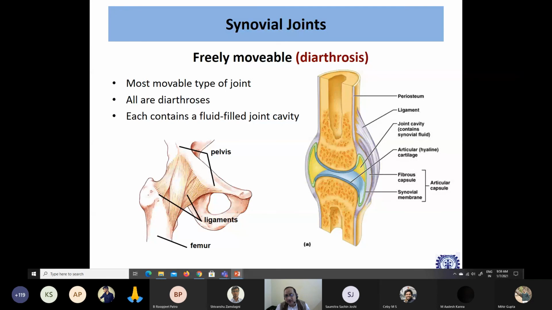You can see this very clearly in the picture: there is a joint cavity, the articular cartilage, the two bony ends, and the synovial fluid housed within the joint cavity. You can also see cross sections of the bone, and the ligaments holding the two bones in place and providing stability to form a joint.